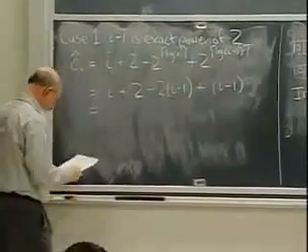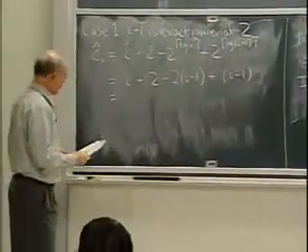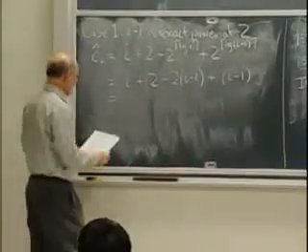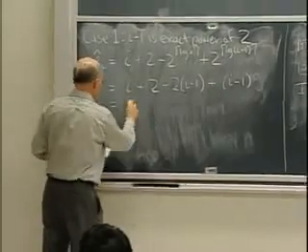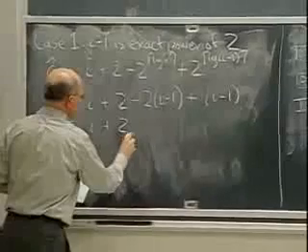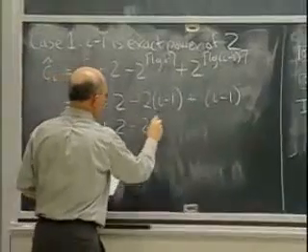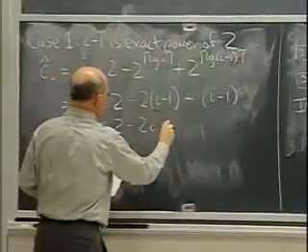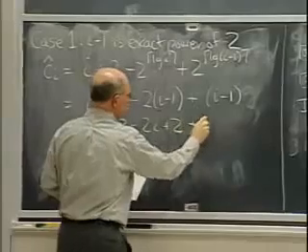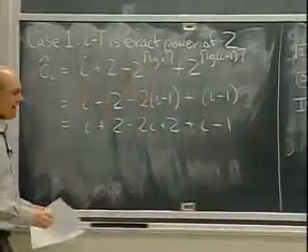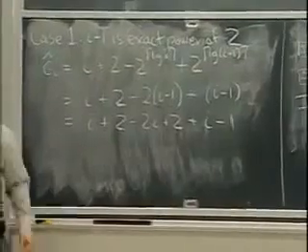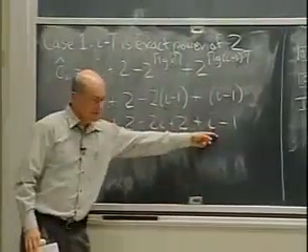Okay, so what do we have here? If I multiply this through, I have an I plus 2 minus 2I plus 2 plus I minus 1. A lot of you, probably 90% of you, won't do this step.